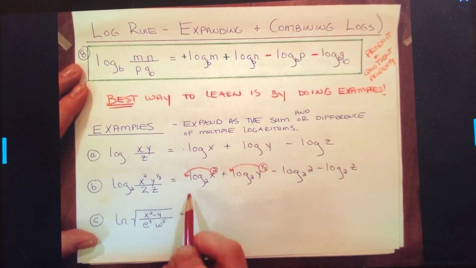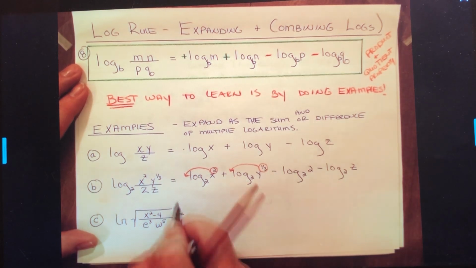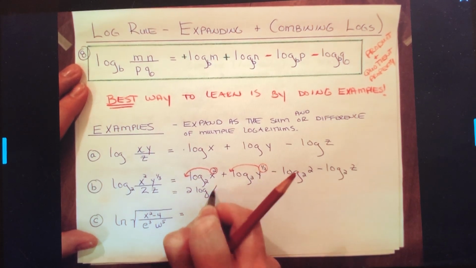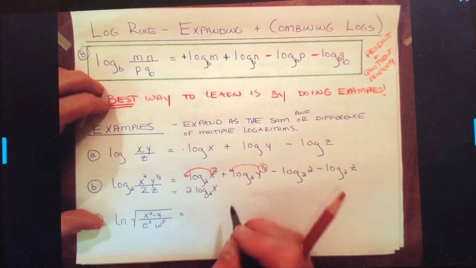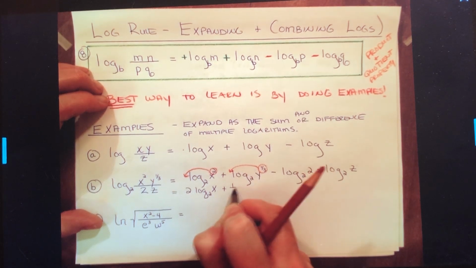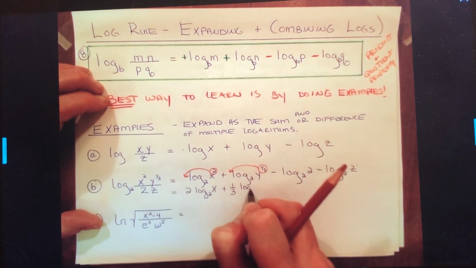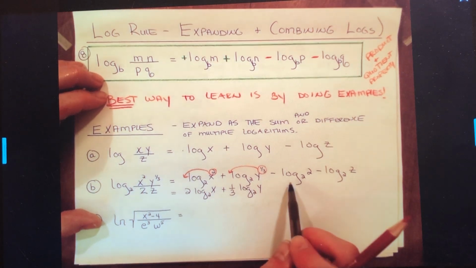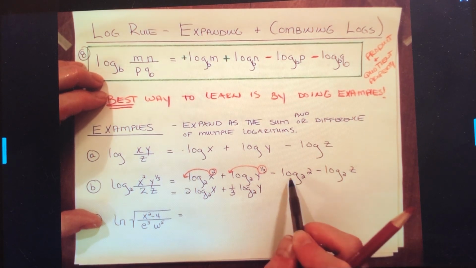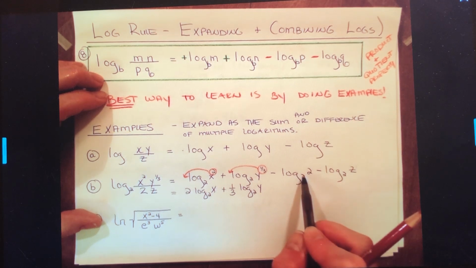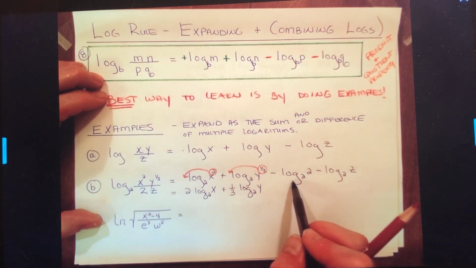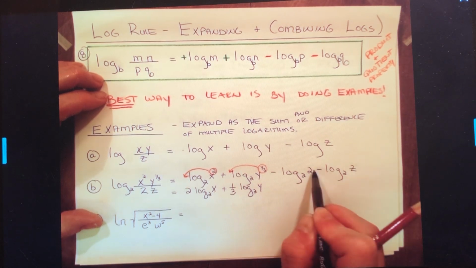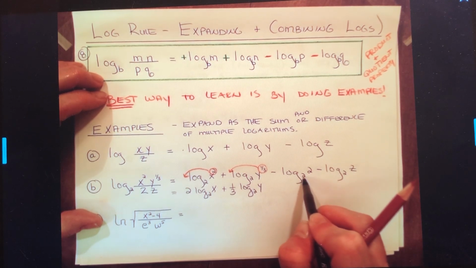So I would rewrite this as 2 times the log of x to the base 2 plus 1/3 times the log of y to the base 2. And this is interesting. Maybe some of you have seen. If I left this as log of 2 base 2, I probably would not get full credit on a problem, because this is one of those previous log rules we talked about where the argument and the base match.